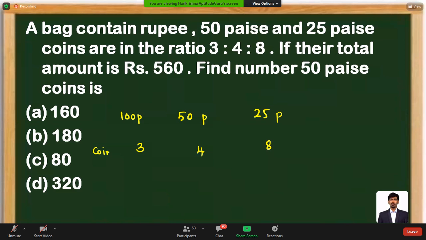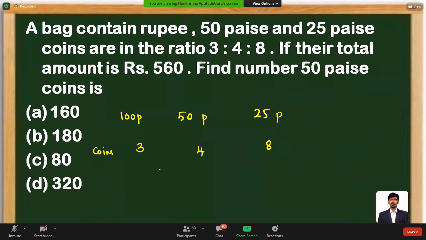The total amount is 560. Find the number of 50 paisa coins.